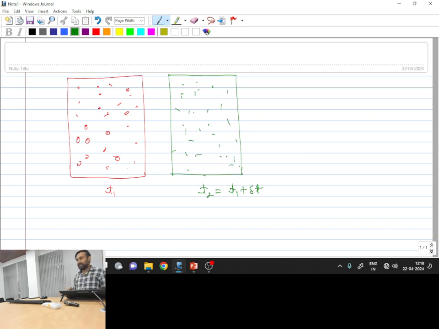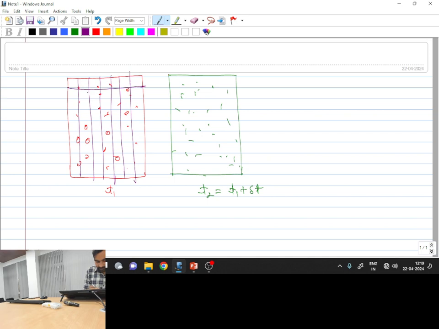So what typically is done: first, in the first frame, this entire frame will be divided into a large number of subregions.